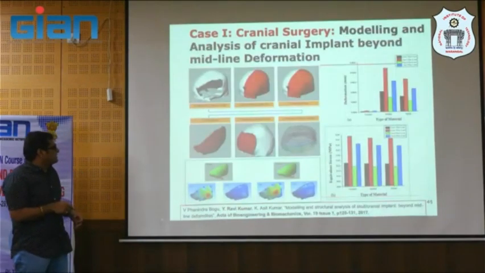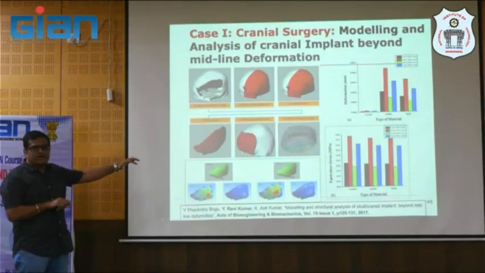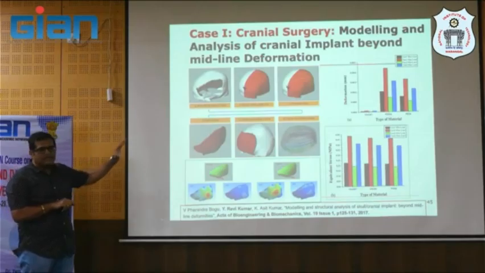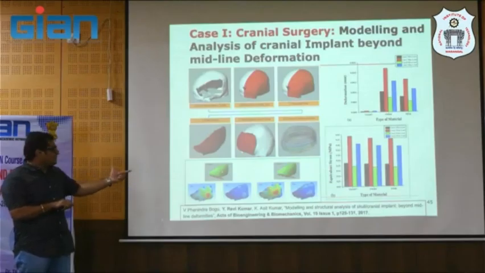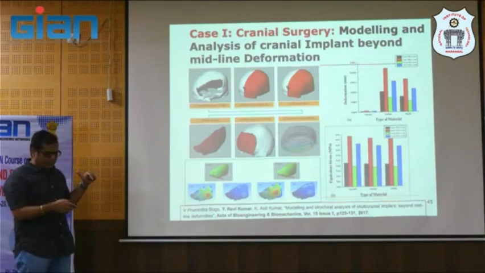And sometimes we need to simulate the number of fixation points. You are going to fix this implant against the skull of the patient, and depending on the location of those fixation points, the pressure of that cerebrospinal fluid will be varying. So what could be the optimal fixation position of these screws, and how many screws, right? We can very well simulate such a thing, and the material property also.